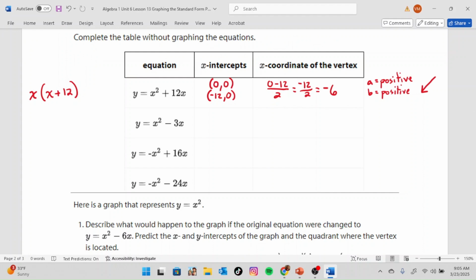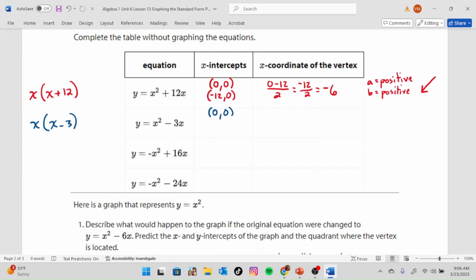Now let's look at the second one. We have x squared minus 3x. So I am going to factor out an x. So I would have x times x minus 3. If I set x equal to 0, then I have an intercept at 0, 0.